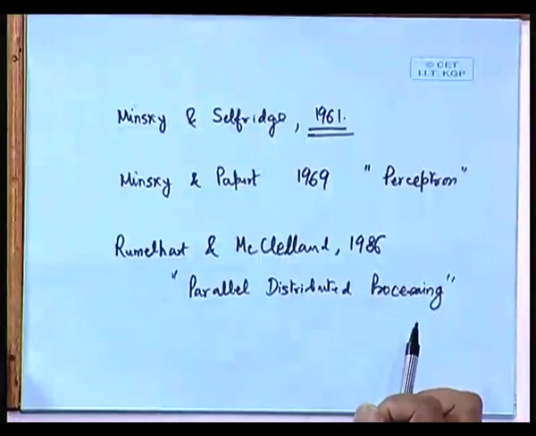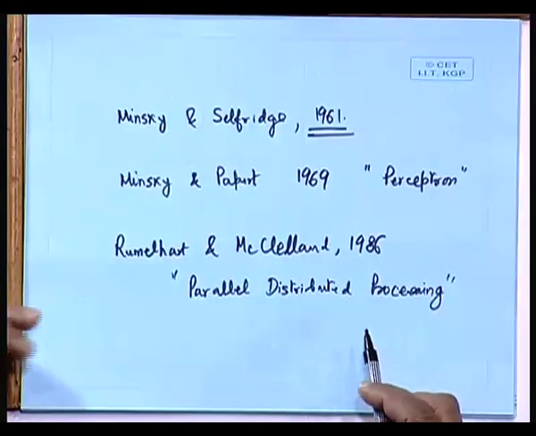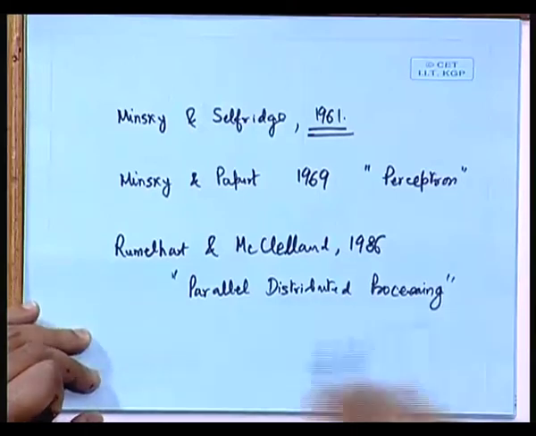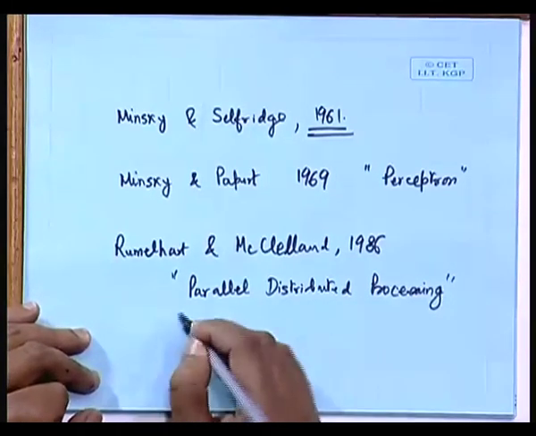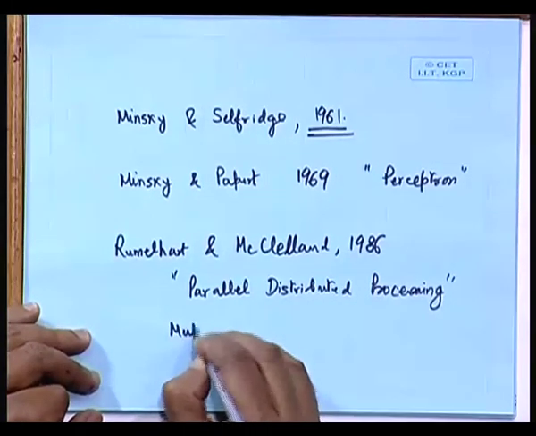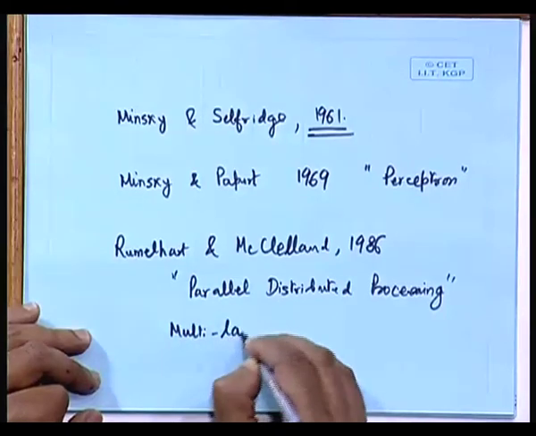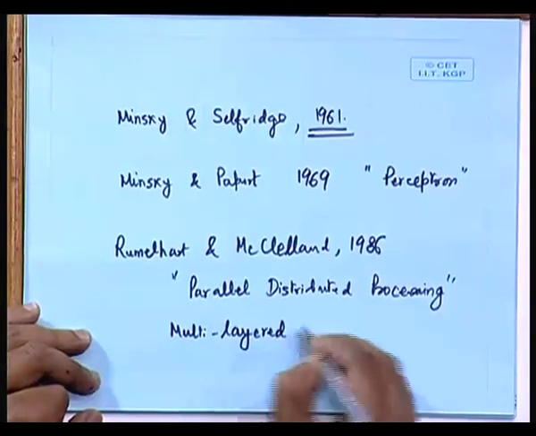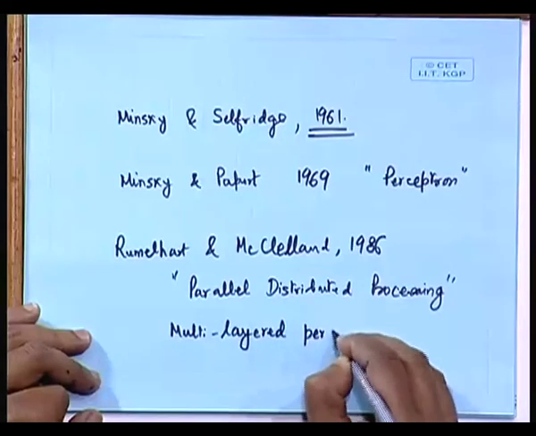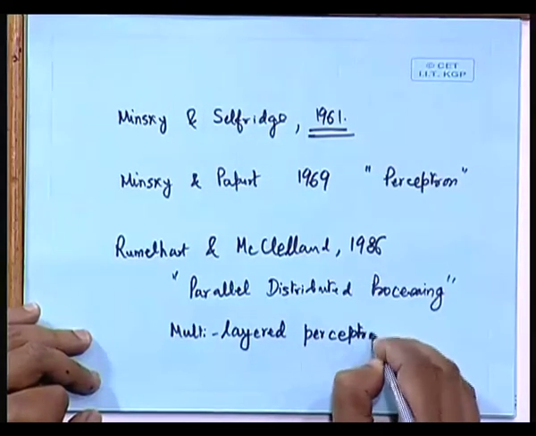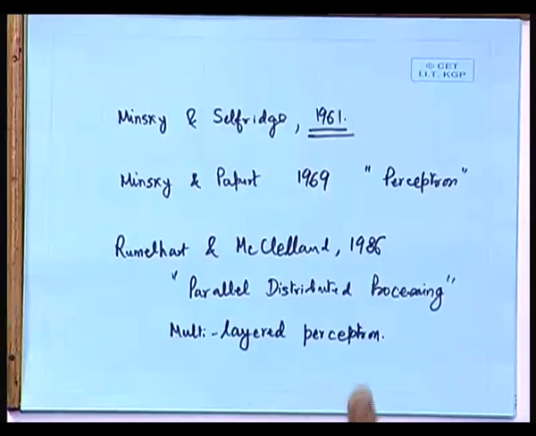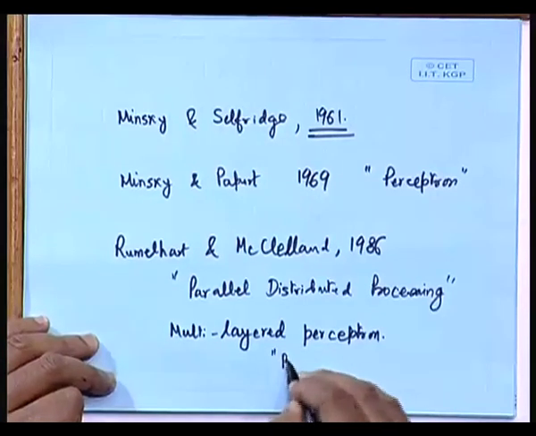So it is the parallel distributed processing that was proposed by Rumelhart and McClelland in 1986. That book was the one after which the concept of multi-layered perceptrons was popularized. In fact, they are the first people to coin the term back propagation.